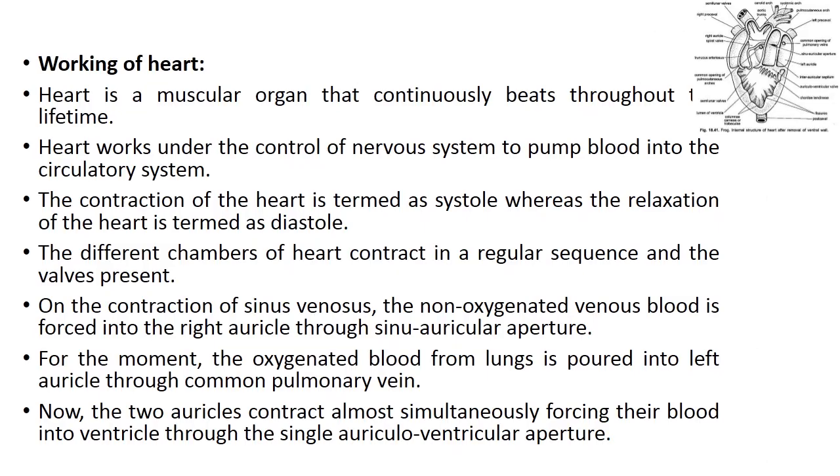And as for the working of the heart, it is a muscular organ that continuously beats throughout the lifetime. The heart works under the control of the nervous system to pump blood into the circulatory system. The contraction of the heart is termed systole, whereas the relaxation of the heart is termed diastole. The different chambers of the heart contract in a regular sequence, and the valves are present.